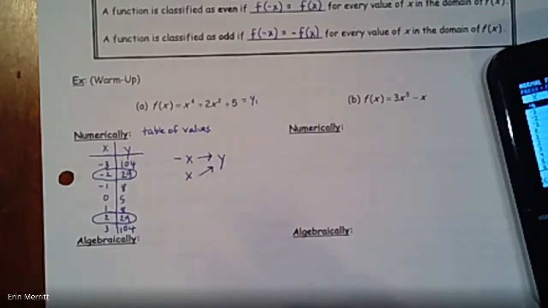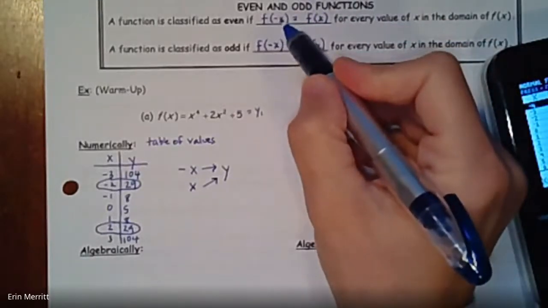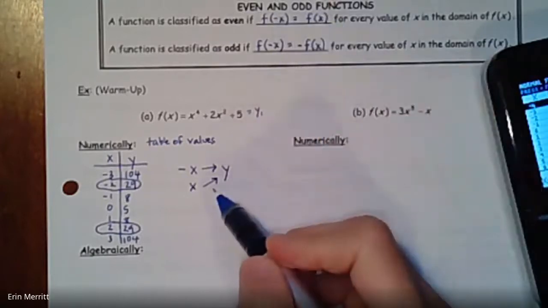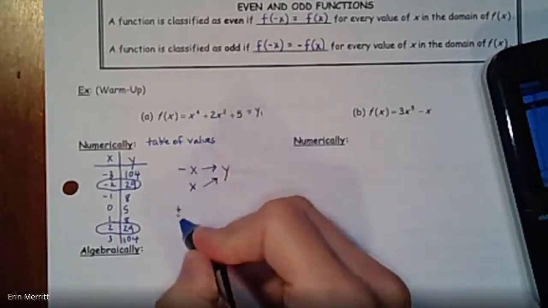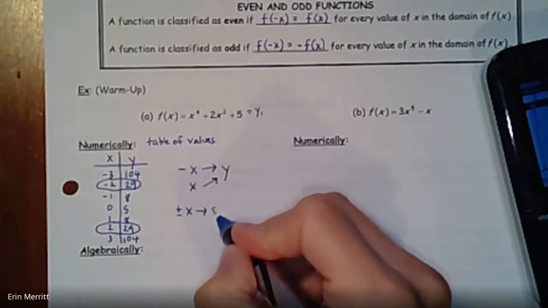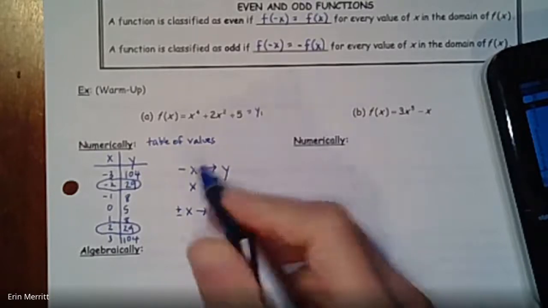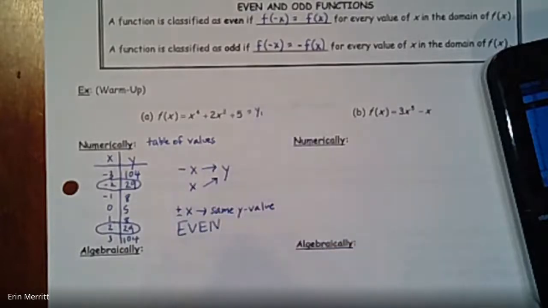What that is a perfect example of is this right here: the negative x, when I plug it in, I get the same thing as if I plug in the positive x. So that is an example of an even function. For plus or minus x, if it goes to the same y value, that is code for we are looking at an even function.